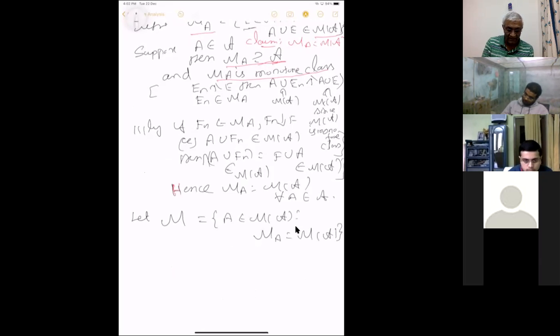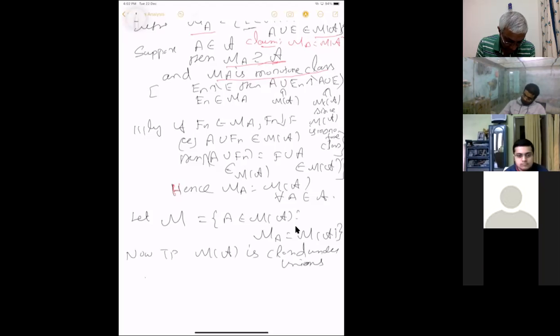You take all those elements A. Now, to prove M of A is closed under unions, it is enough to prove M is equal to M subscript A. Once you prove that, that is the definition.